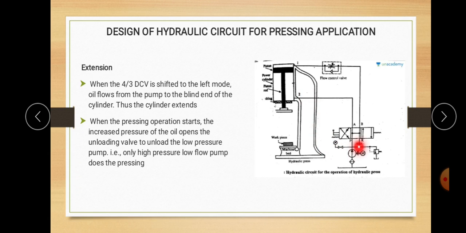So here when the DC valve is shifted to the left envelope, oil flows from the pump and pushes the cylinder to extend.